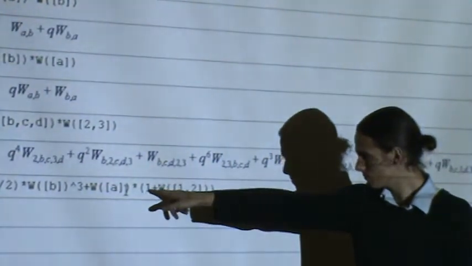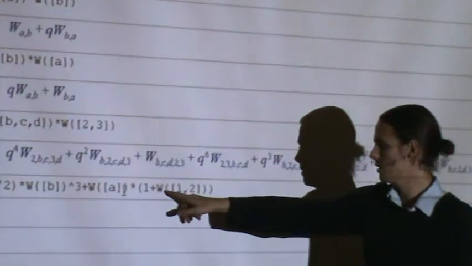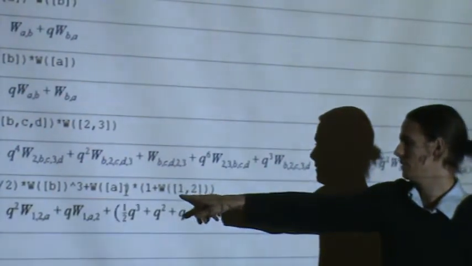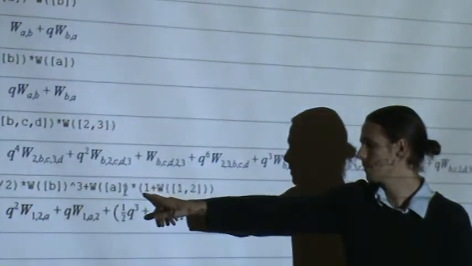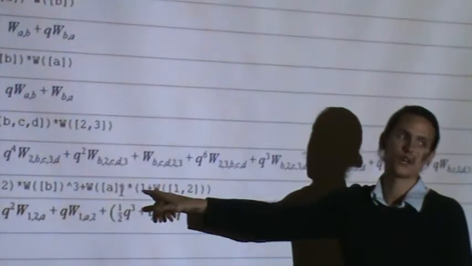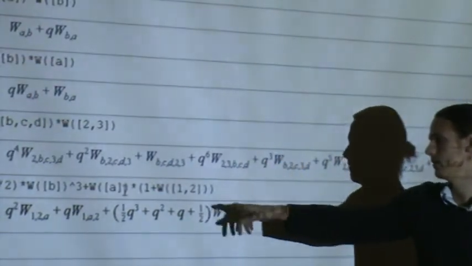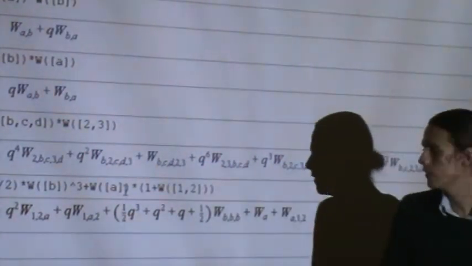And it works with all of Sage's coercion, so you can multiply things by a half. Here, when we do 1 plus W 1, 2, it knows that this can coerce into the base ring of this algebra, and it will form the correct element.